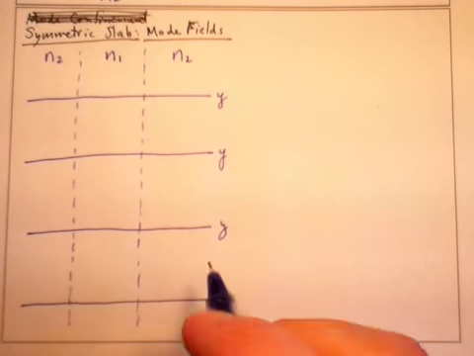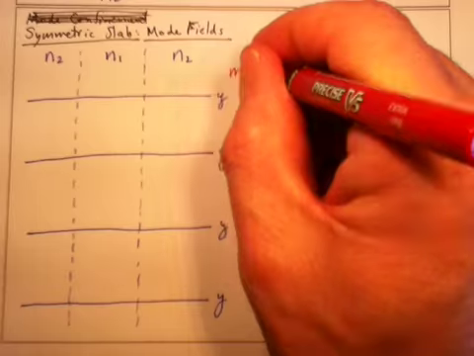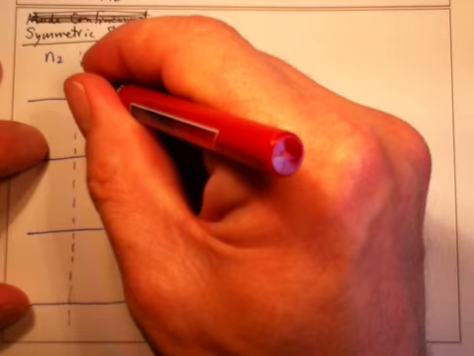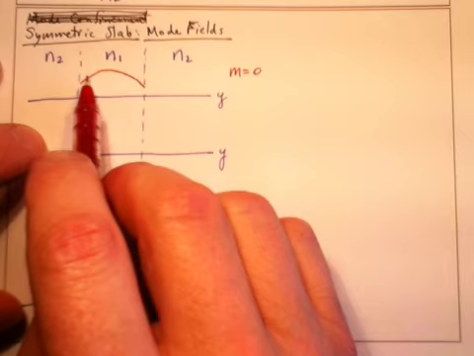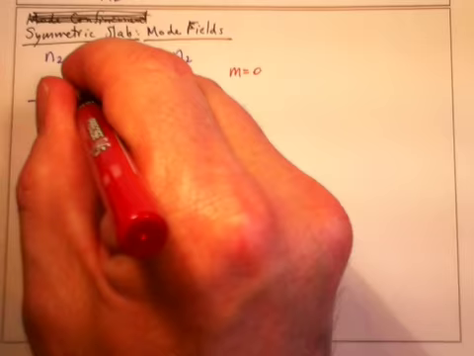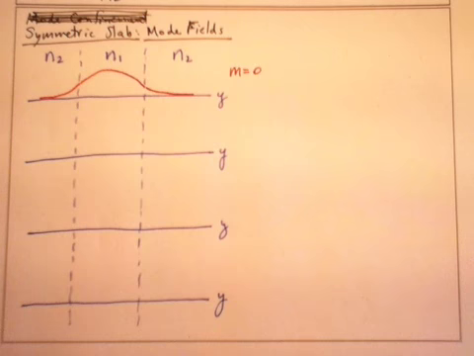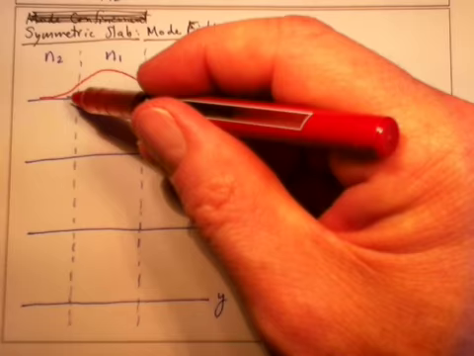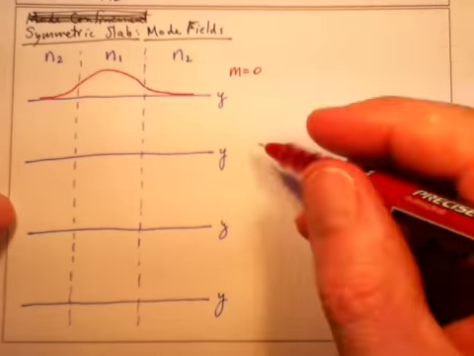The m equals 0 mode looks something like this. Basically what we get is sines and cosines for the profile inside the slab, but then we get exponential decay matched out in the cladding. Okay, here we get a simple sinusoid, and what I'm plotting here is the electric field magnitude.